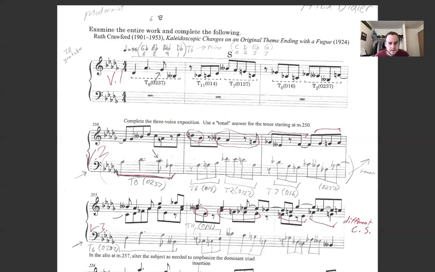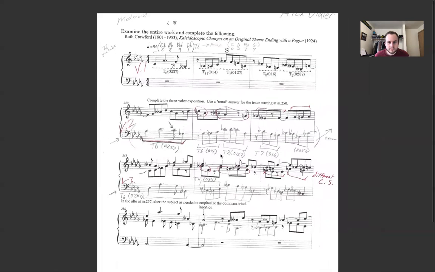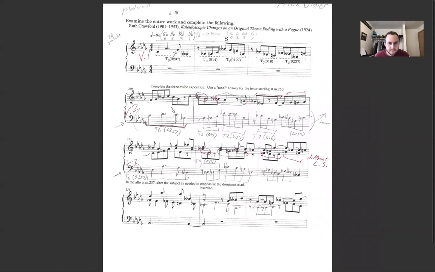So let's see here. It's essentially a 3-voice fugue. It comes in a fifth apart in the second voice, A flat and D flat. These starting points represent what we're used to as a fugue.